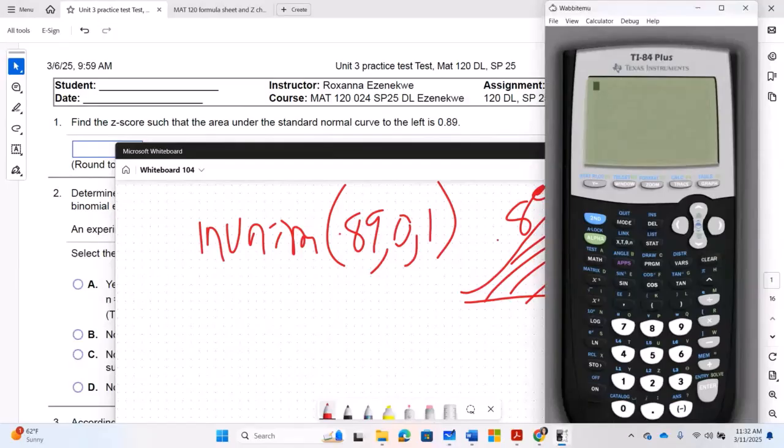I'm going to clear everything. Second distribution. Inverse norm is number 3. And the percentile is 0.89 or 89th percentile. But I have to put it in decimal, 0.89. The mean of a standard normal is 0. Standard deviation of a standard normal is 1.